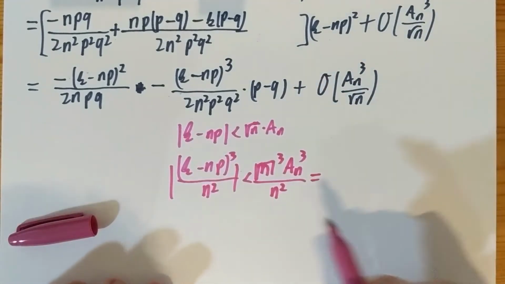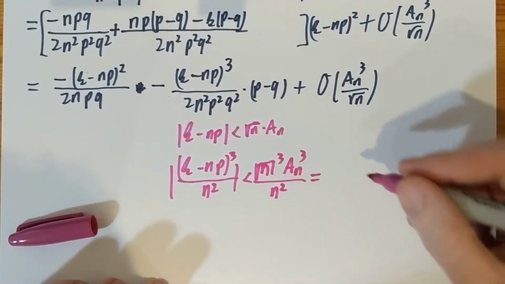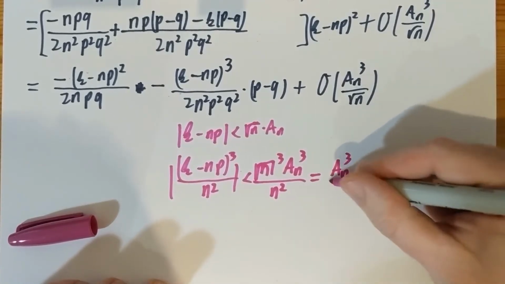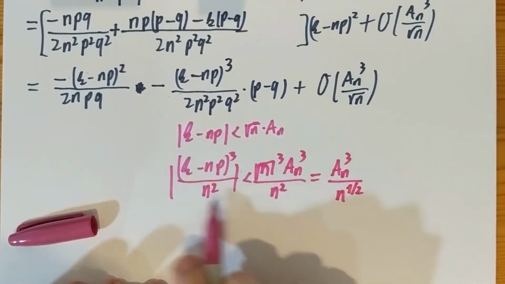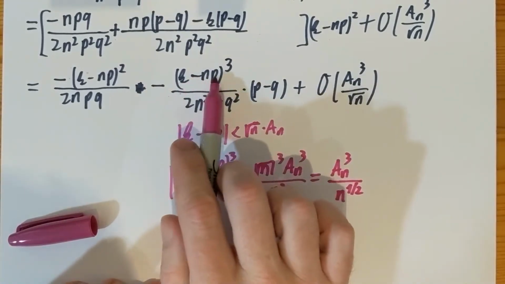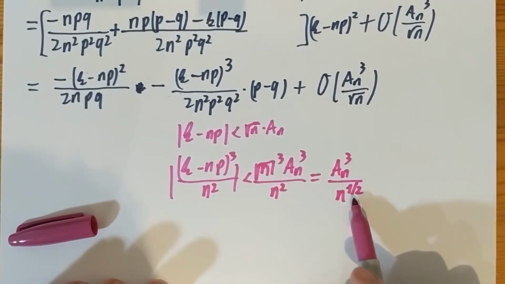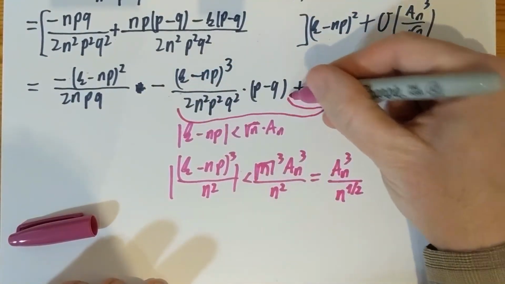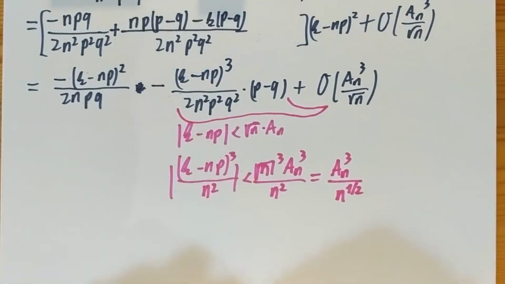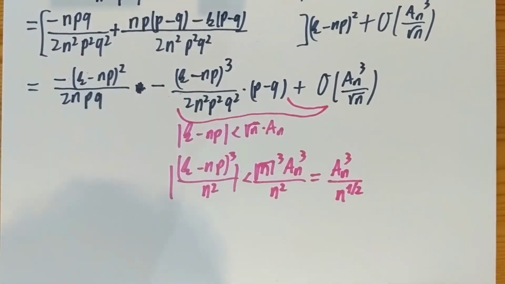Okay, and what is this? So this is n to the 3 half over n to the 2. That's n to the 1 half down there. And so this k minus np cube over n square is smaller than an cube over square root of n. So in fact this can all be collapsed into that error term. So the relevant bit, the important bit, is just this first term here.